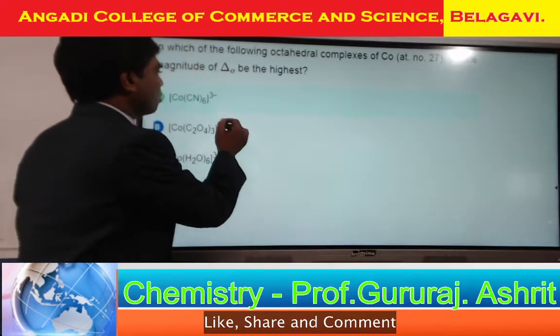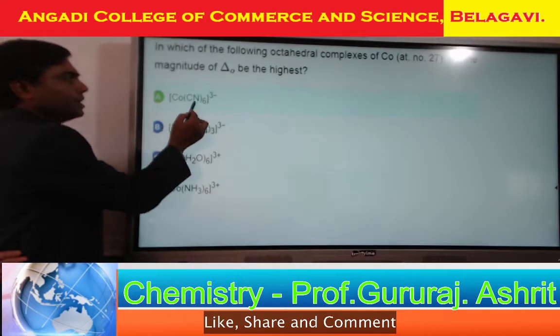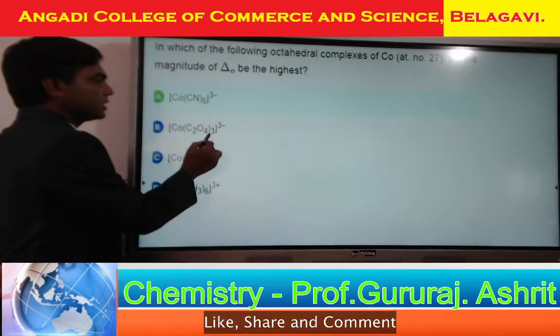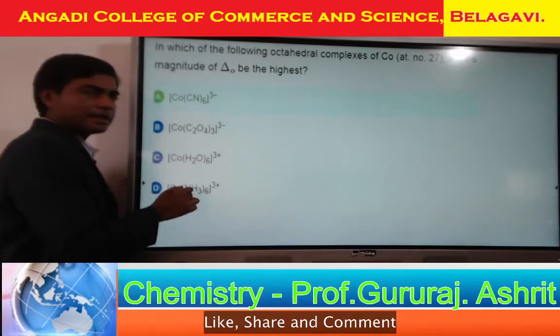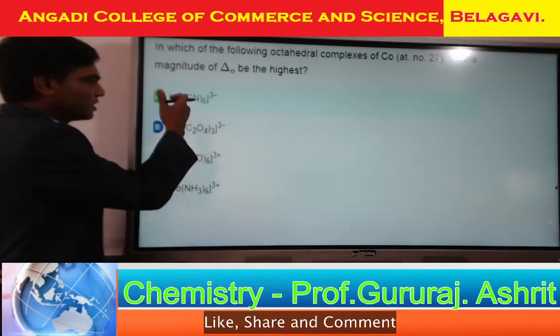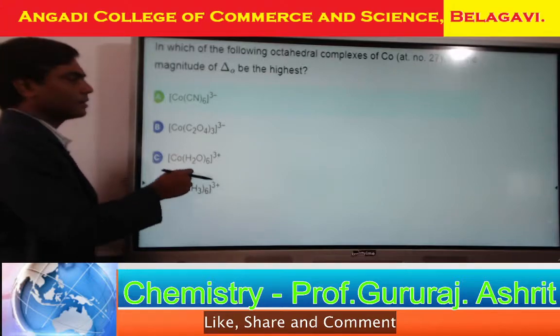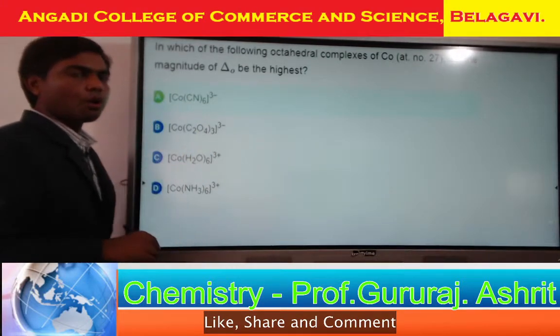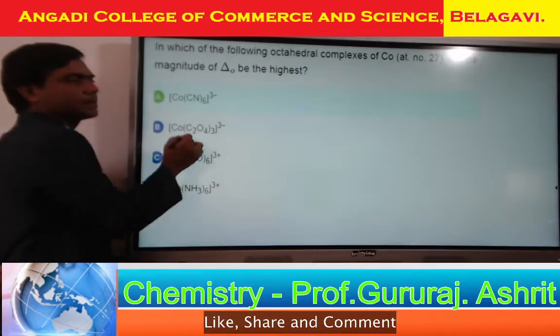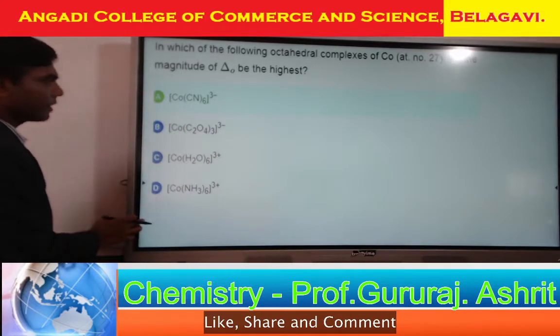If you see all the 4 options, CN is a strong ligand, C2O4 is a weak ligand, H2O comes in the middle, NH3 is a weak ligand. So directly you can identify the answer. The complex in which the strong field ligand is there will have the highest delta naught. The answer is the first one, A.